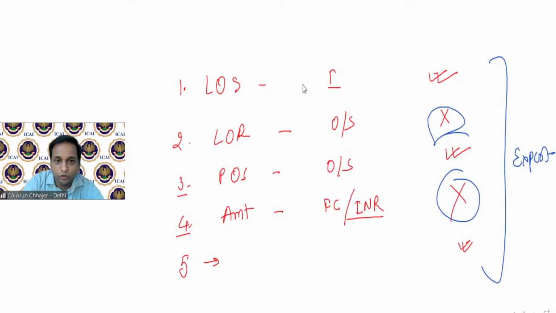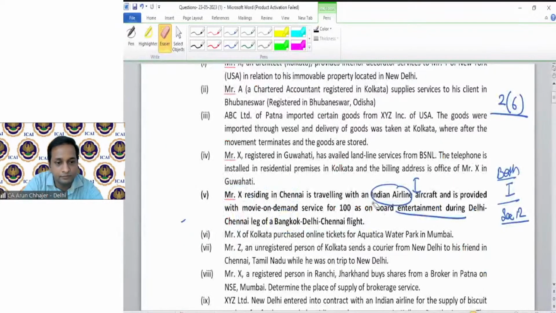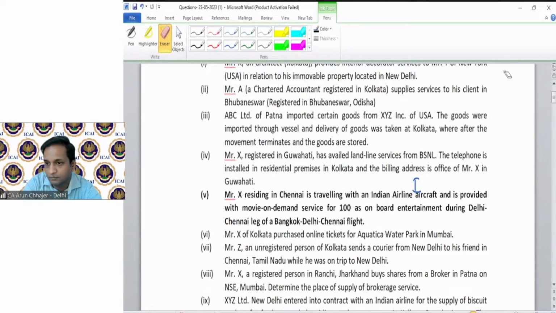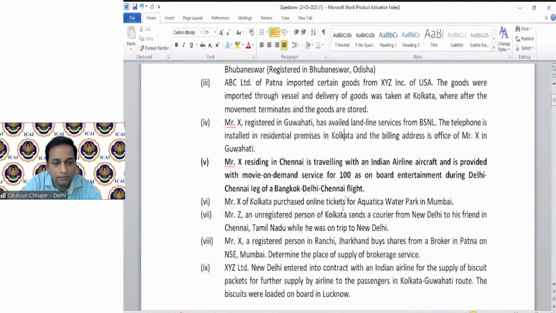Let's move to another question. Mr. X of Kolkata purchased an online ticket for Aquatica Water Park in Mumbai.